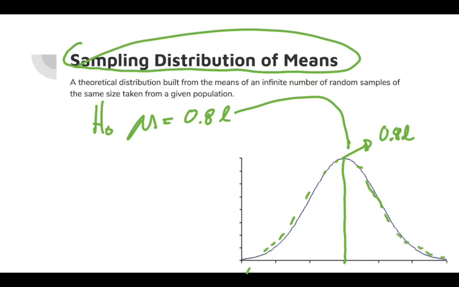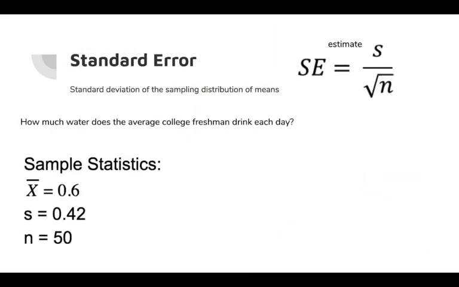That's why the sampling distribution is important. I'm going to reach back to my alternative hypothesis. I'm going to build this theoretical distribution around my alternative hypothesis. And then the next thing I need to know, to get the shape of that thing, is the standard error. I don't know what the standard deviation of the population is, so I'm going to estimate the standard error.